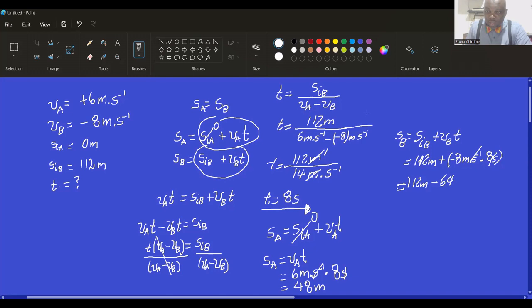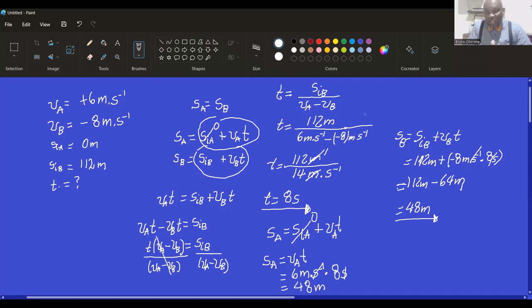These two cyclists will meet at the 48 meter mark from the origin. So the only difference is that one starts from the origin at 0, the reference, and the other is coming to meet the first one from the 112 meter mark. We can depict this. Perhaps it can help us to grasp it even better.